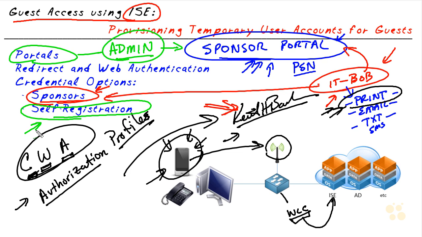And then the system would automatically generate for them a temporary user account that they could use for guest access to the network. And probably the biggest downside of doing self-registration is that there is not that individual there, the lobby ambassador, who's going to act as the sponsor, who can verify the identity of the person requesting the guest access.